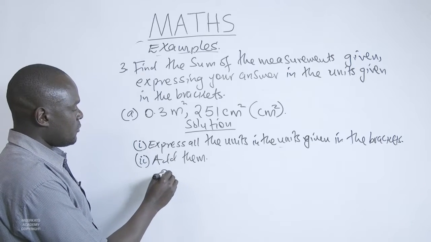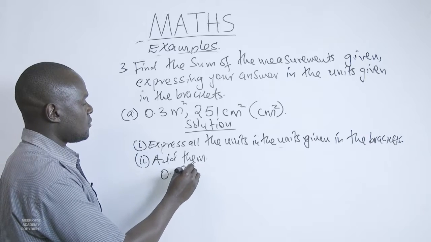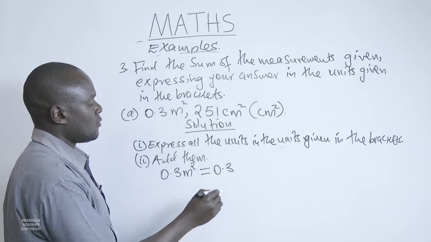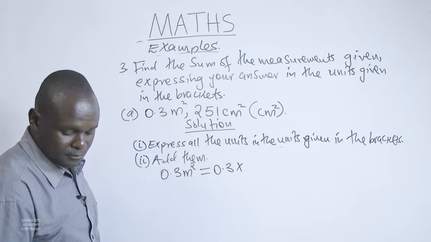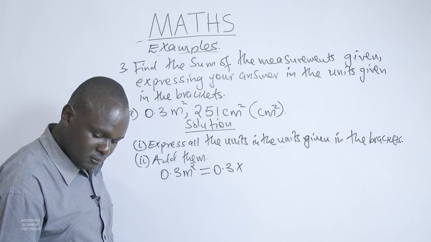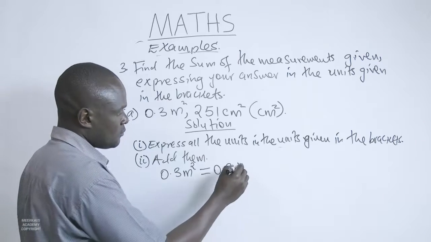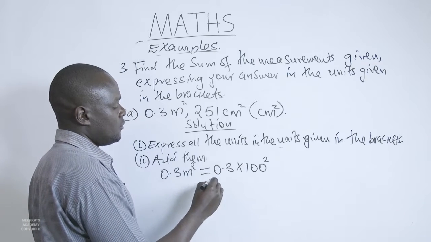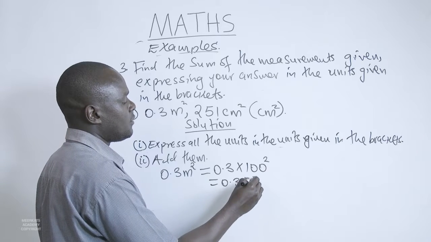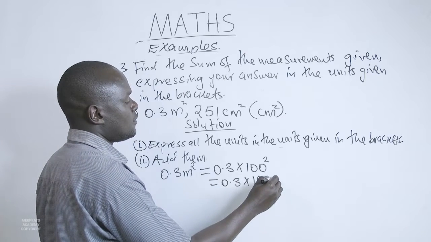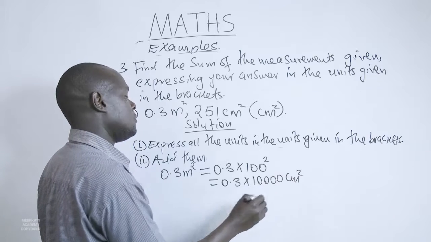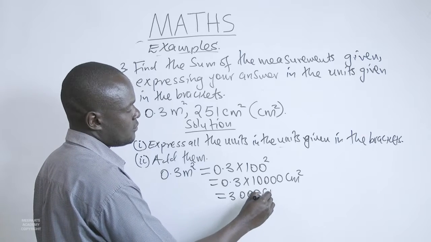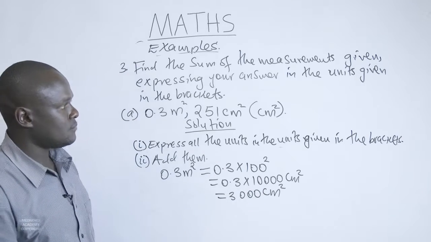So when you look at 0.3, this is the same as 0.3 multiplied by 100 squared, which is 0.3 multiplied by 10,000, giving us 3,000 square centimeters.